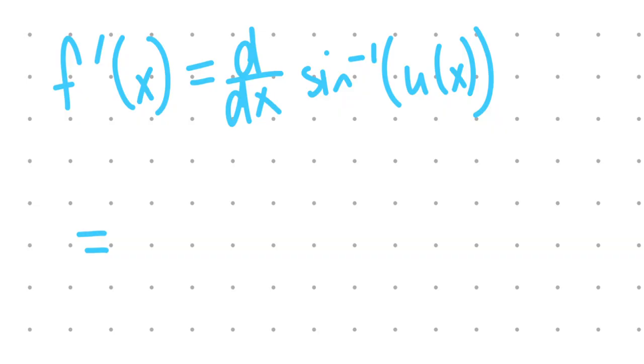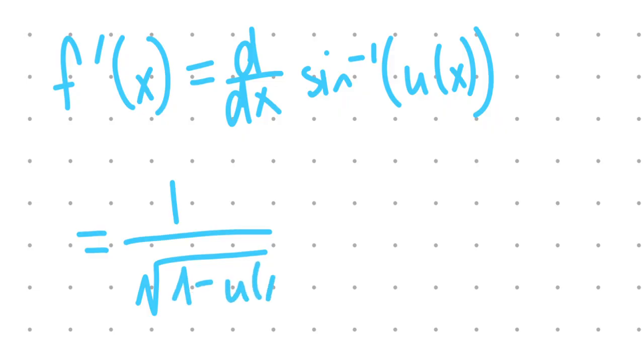As you can see in another video, it is 1 over the square root of 1 minus x squared, but our input is u of x, so we have to write 1 minus u of x squared. Multiply that whole thing by u prime of x.